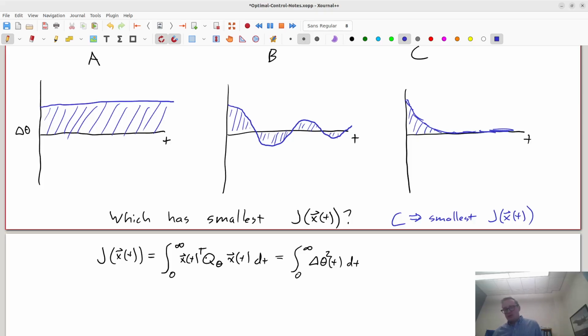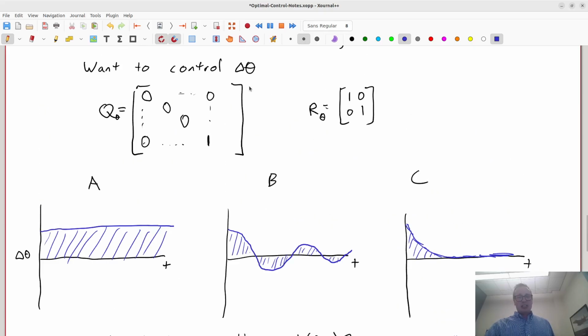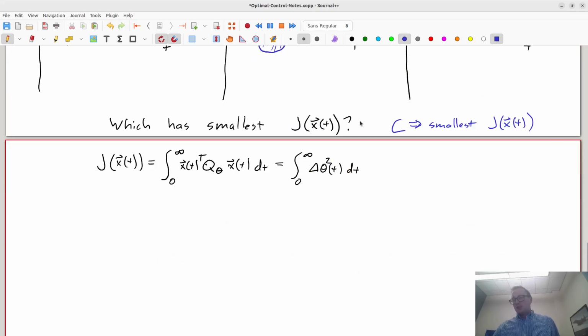Okay, so this isn't a complete description of what would be the best trajectory because we didn't talk at all about the control values, but this just gives you an idea of what the optimizer is doing. If we want the area under the curve for different variables to go down, then we can choose different values of this q theta and r theta. So we've kind of flipped the problem on its head.